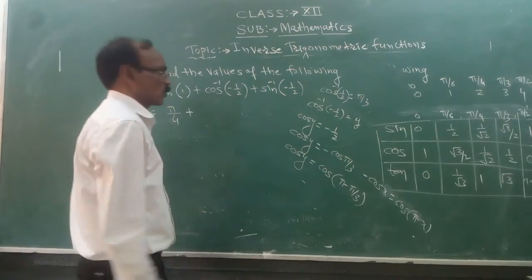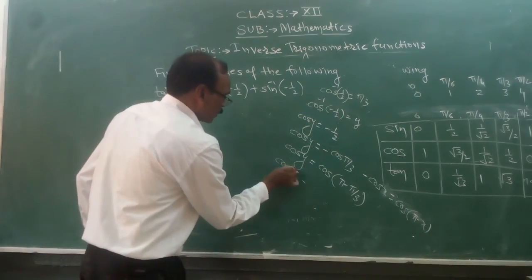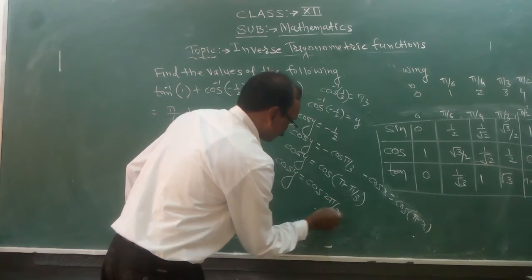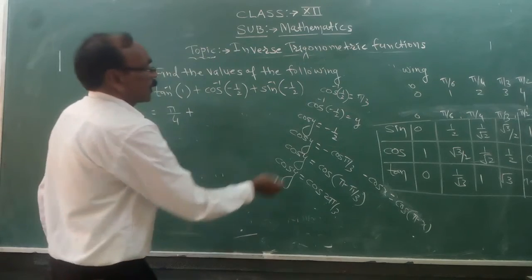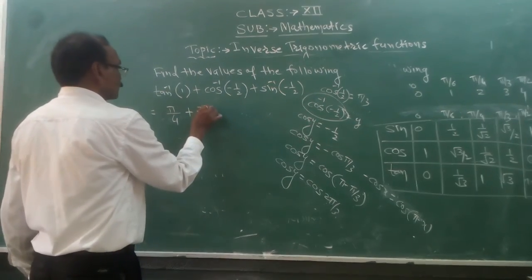So write this minus cos pi by 3 as cos of pi minus pi by 3. So cos y equals cos 2 pi by 3. y equals 2 pi by 3. Therefore, cos inverse minus half is 2 pi by 3.